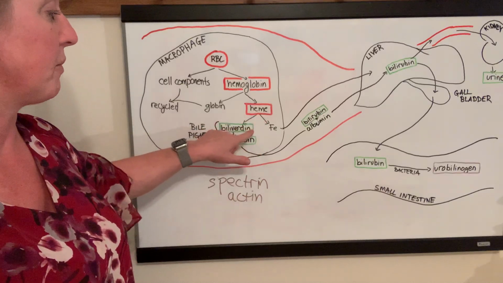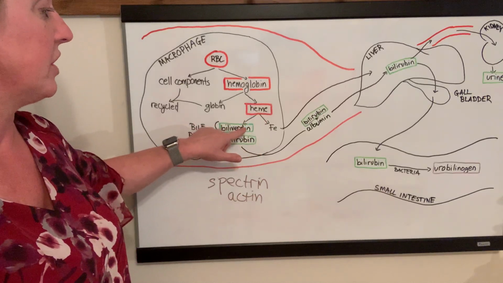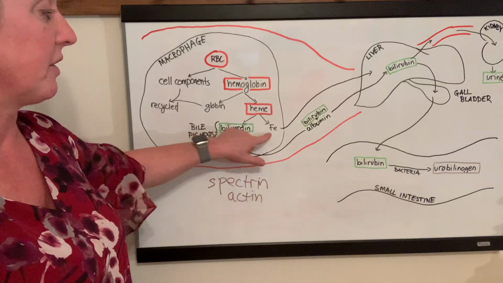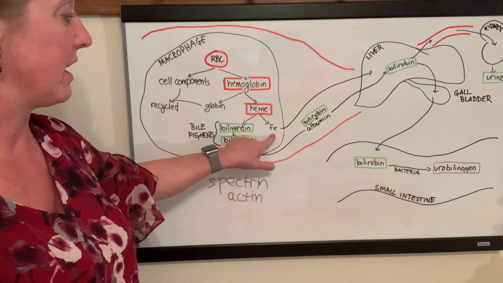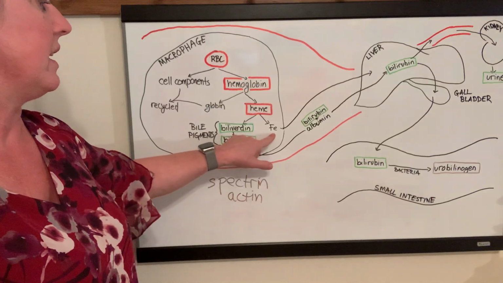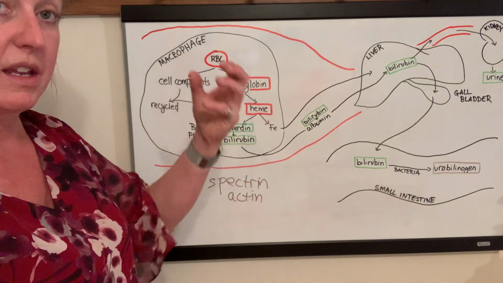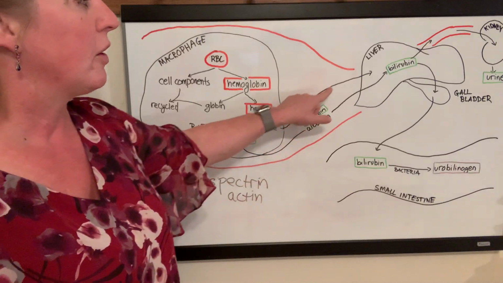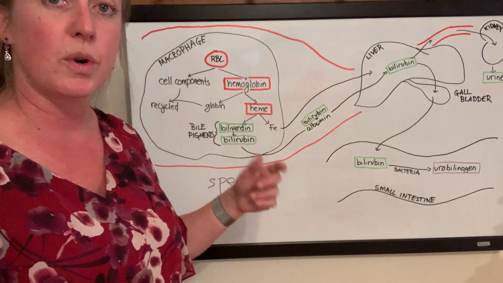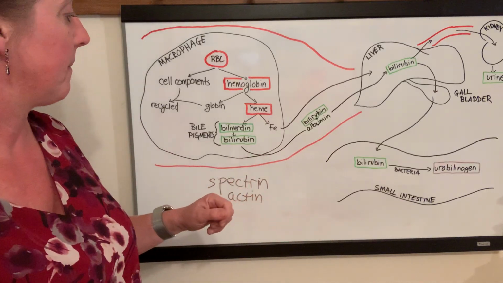Heme is then broken down by the macrophage into biliverdin and iron, which is represented as Fe. So the iron can then be released by the macrophage, go back to the liver where it can be stored and reused by the body.